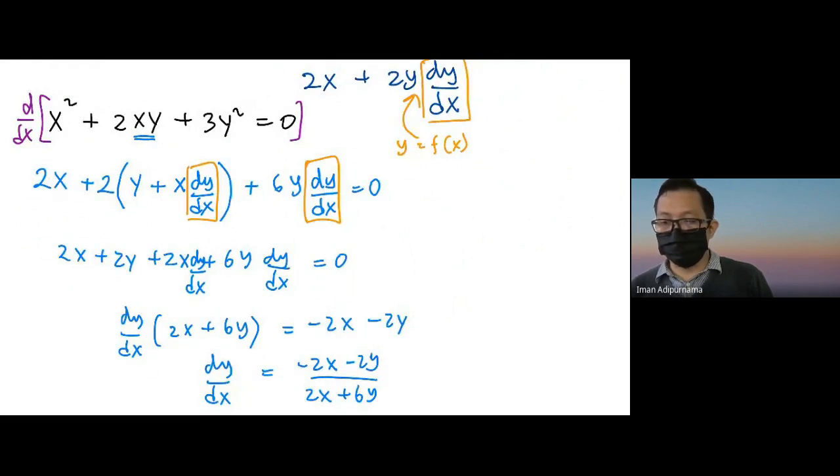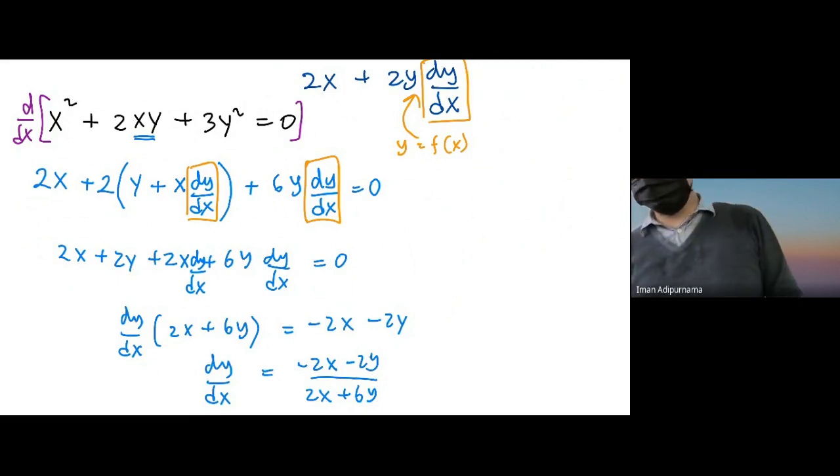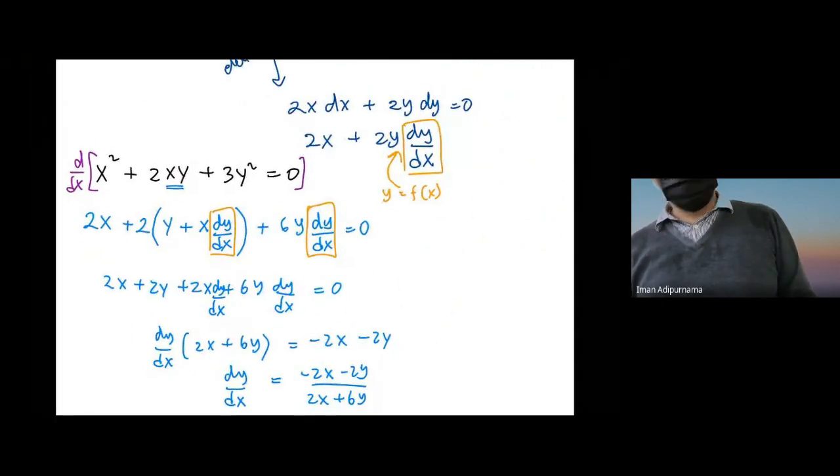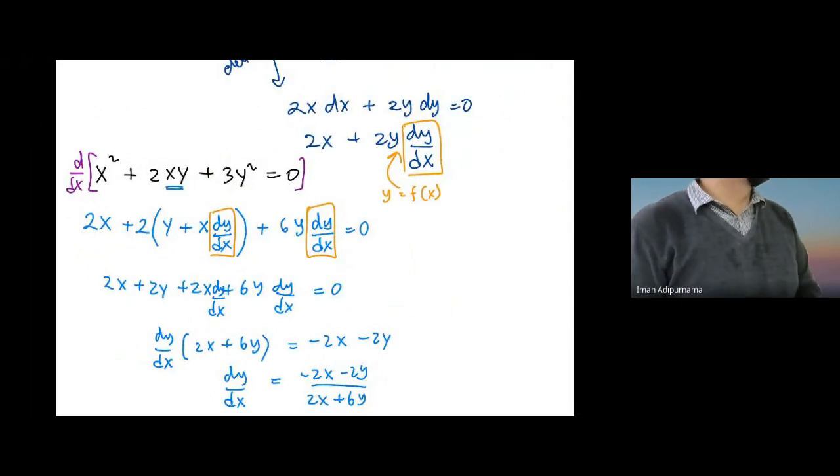So now, because we have this tool called implicit differentiation, whenever you see any y inside the equation, we can take the derivative with respect to x and treat y like x, but we need to add this dy/dx because we treat this y as a function of x.